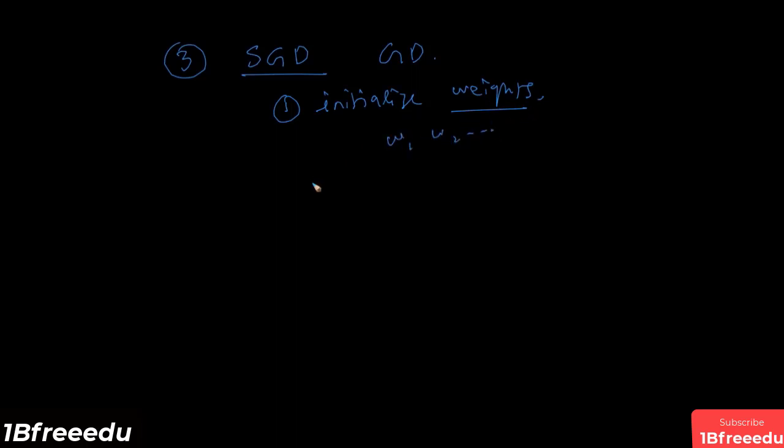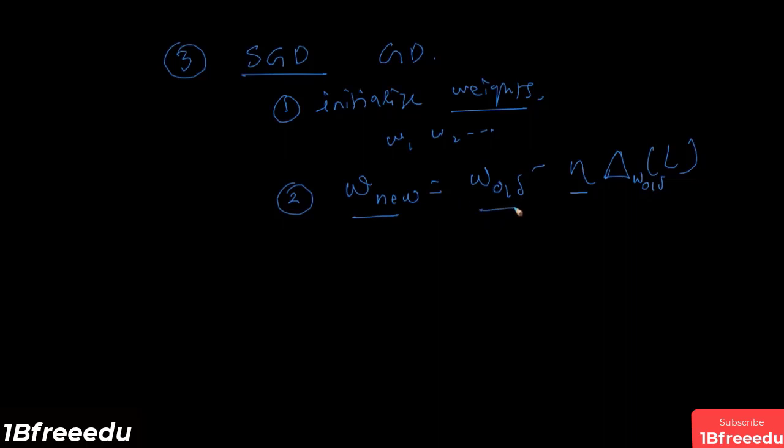Then we compute w new is equal to w old minus eta, which is called the learning rate, times the derivative of the loss with respect to w old. So new weight is equal to old weight minus eta times the derivative with respect to the old weight, right?